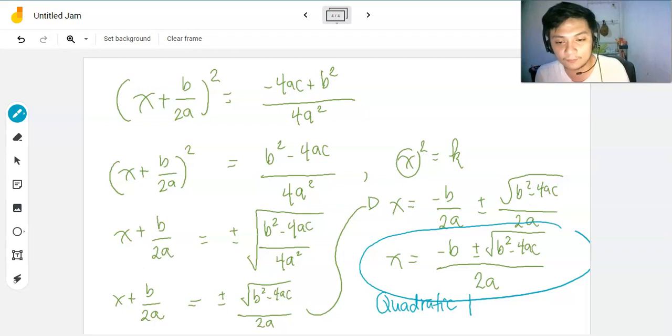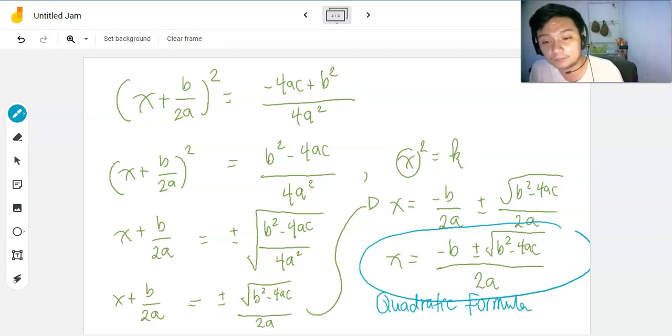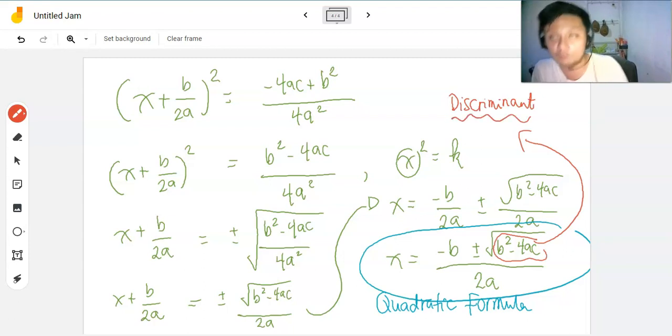The quadratic formula. The x here represents the roots of a quadratic equation. The b, a, and c there are the coefficients of the quadratic equation, and of course, that is when the equation is in standard form. Okay? And take note, I also circled it, the b squared minus 4ac here, that is under the radical sign, is called the discriminant of the quadratic equation.